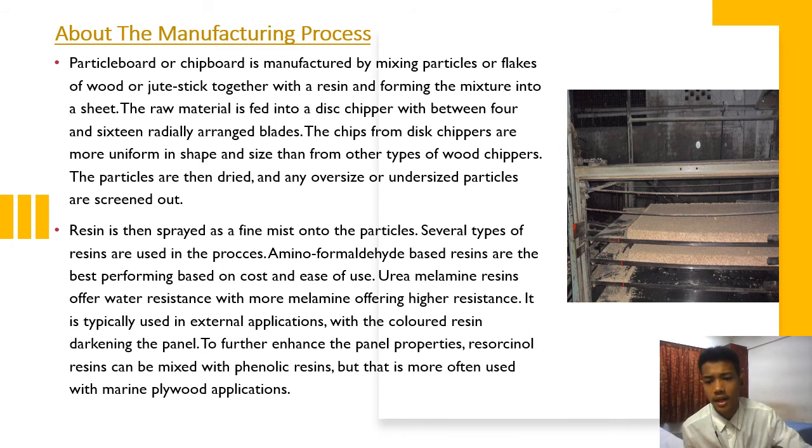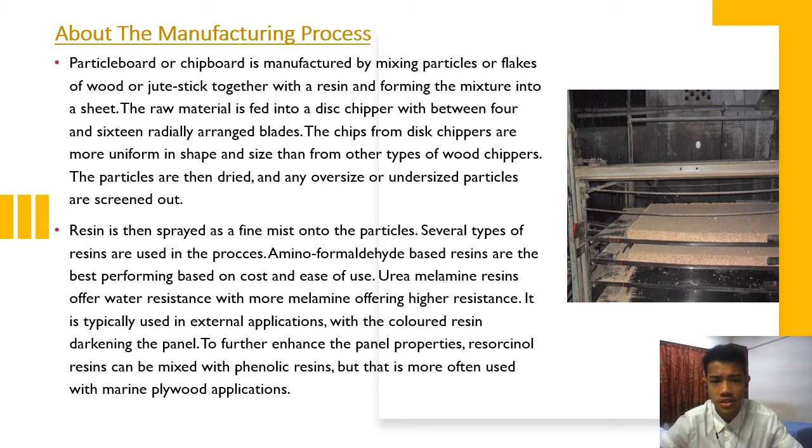Next, I am going to talk about the manufacturing process. Particle board or chipboard is manufactured by mixing wood particles or flakes together with resin and forming the mix into a sheet.